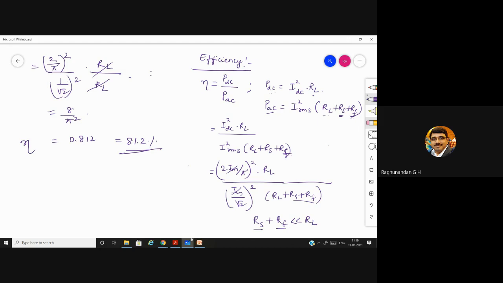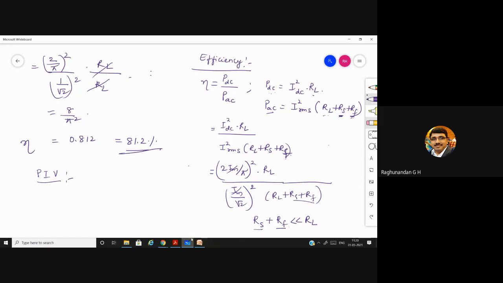After this, as usual, we have the peak inverse voltage, PIV. As we have already discussed, peak inverse voltage is the maximum voltage that can be withstood by the diode under reverse bias condition.